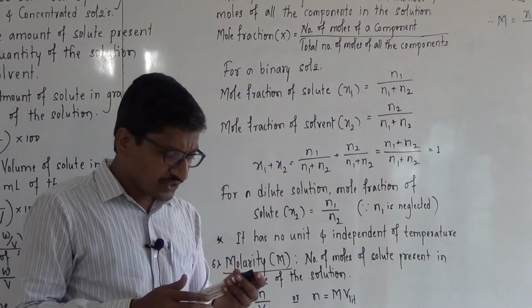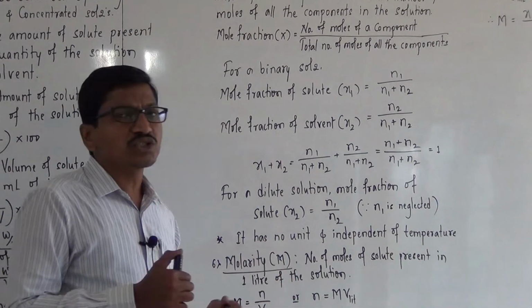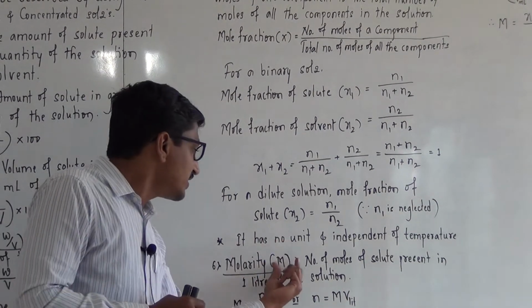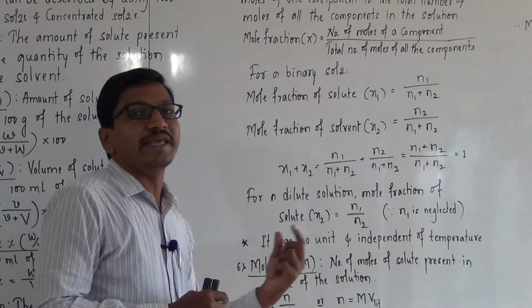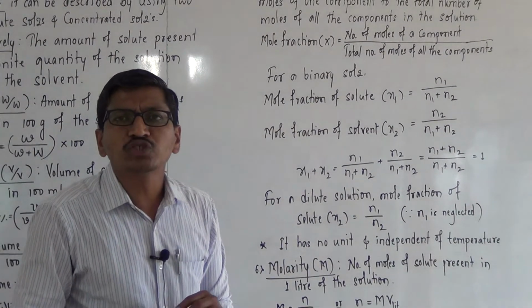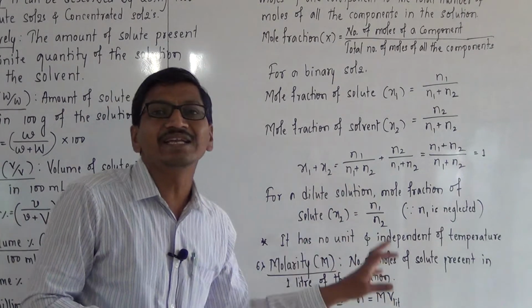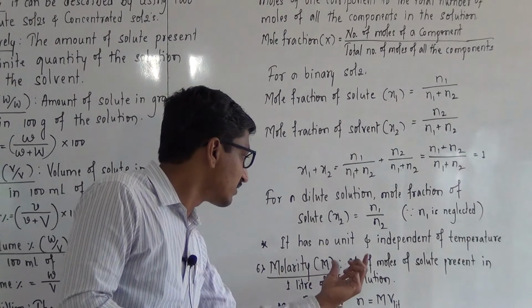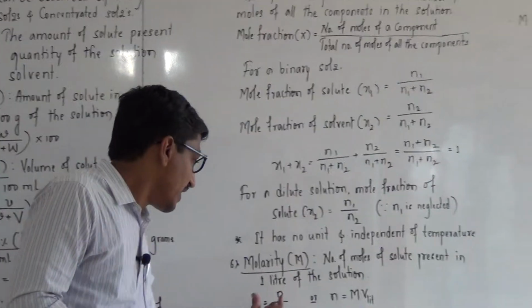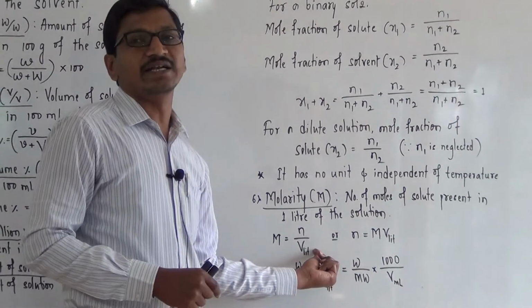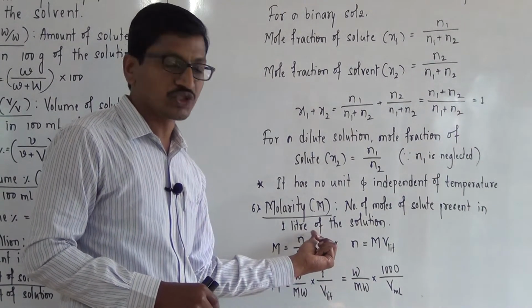Next concentration term is molarity. It is denoted by the symbol capital M. Molarity is the number of moles of solute present in 1 liter of the solution, or 1000 ml of the solution. M is equal to N by V in liters, where N is the number of moles.